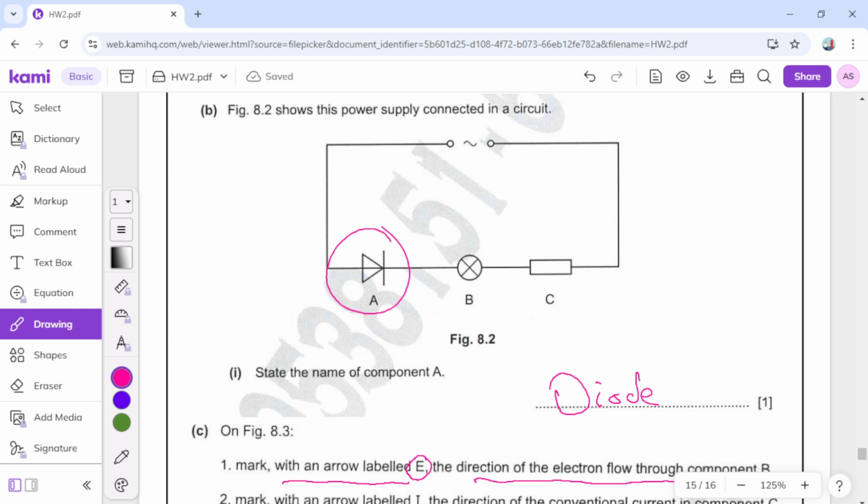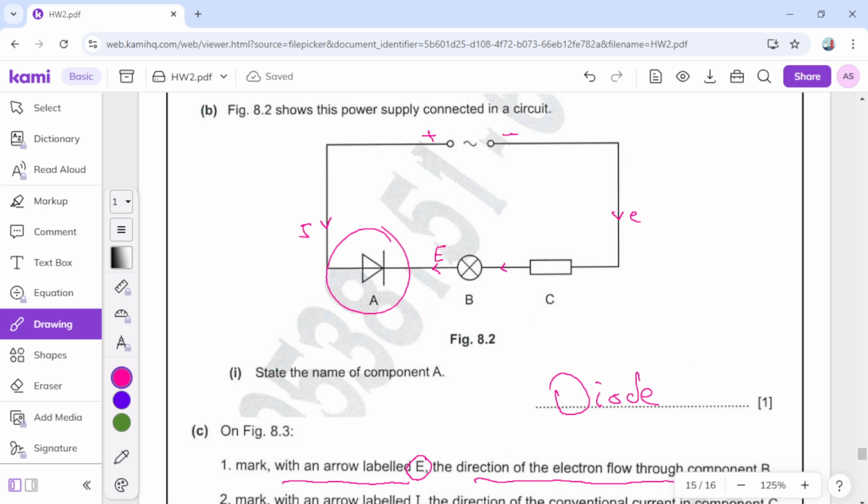For a diode to allow current to flow, this terminal must be positive and this terminal must be negative, because current flows in only one direction, this direction. If you want the charge direction, the charge will be in the opposite direction of conventional current. So if you are talking about the electron direction, I will write here E. This is E.